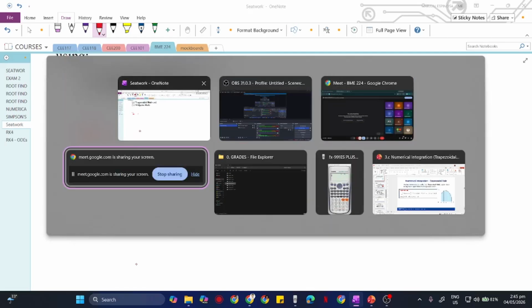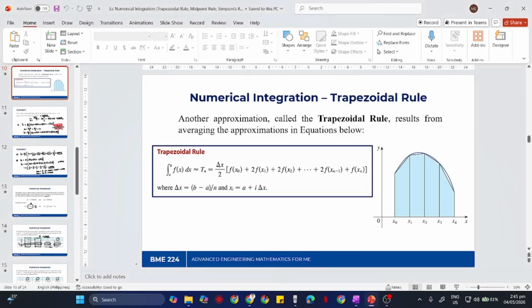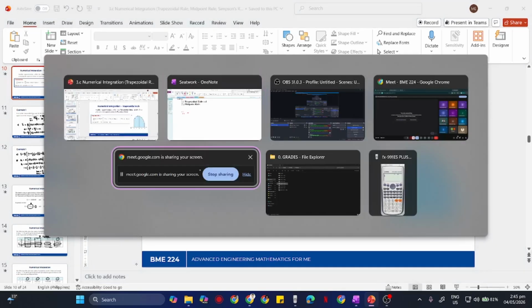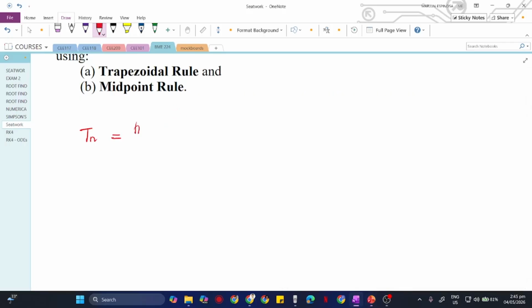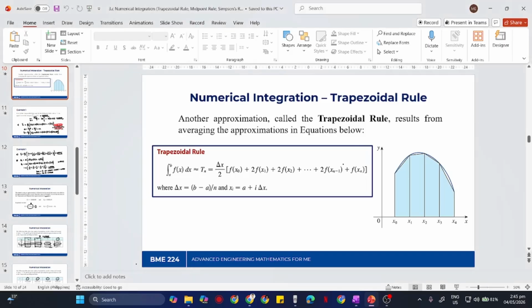Delta x over 2, or that is basically yung step size natin, h, no? Over 2 times f of x sub 0 plus 2 times f of x sub 1 plus 2 times f of x sub 2 plus dot dot dot plus lastly yung f of x sub n. So, yan yung formula natin. Tama ba?